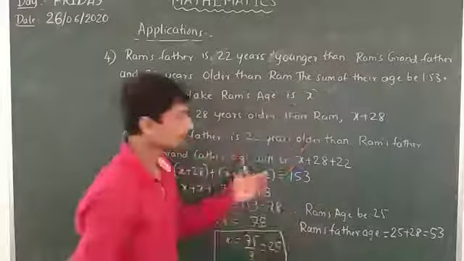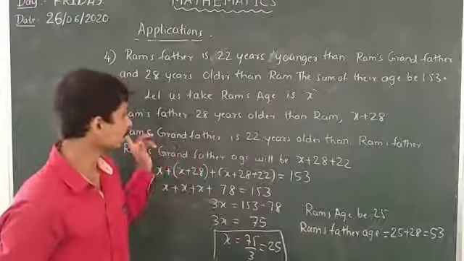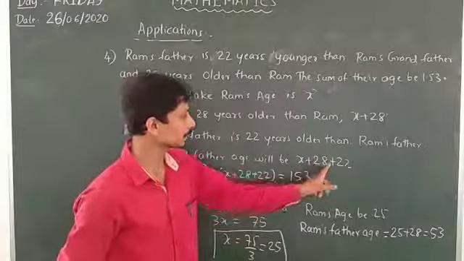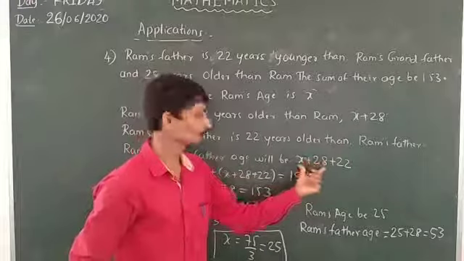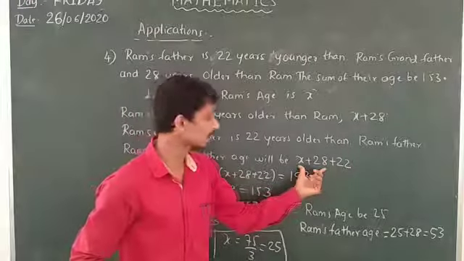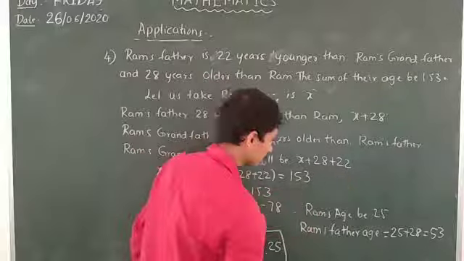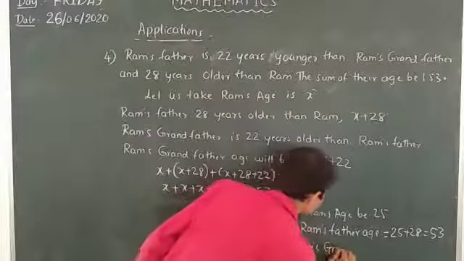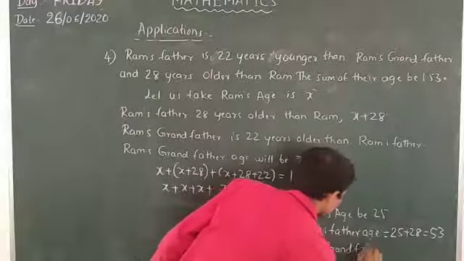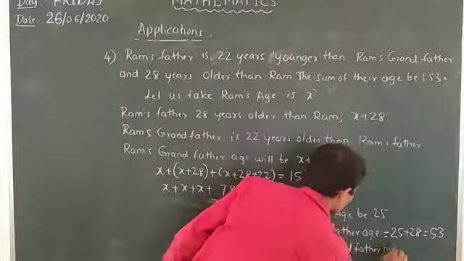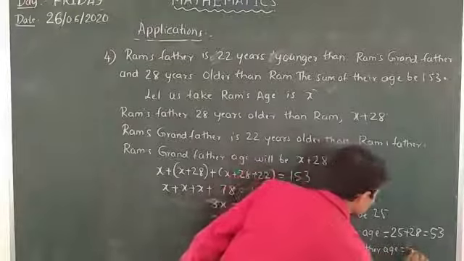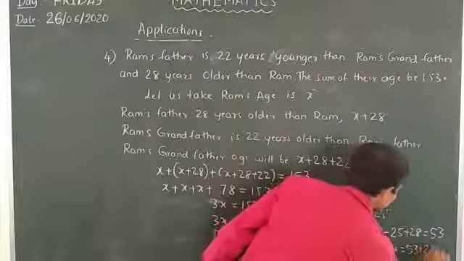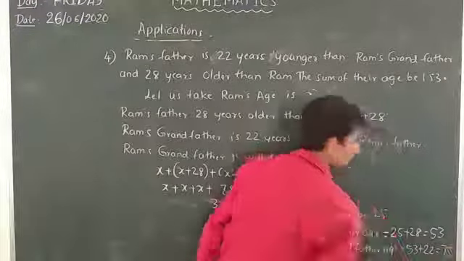Then we find Ram's grandfather's age, which is x plus 28 plus 22. We already know x plus 28 is 53, and we add 22 here, so Ram's grandfather's age is 53 plus 22, which is 75.